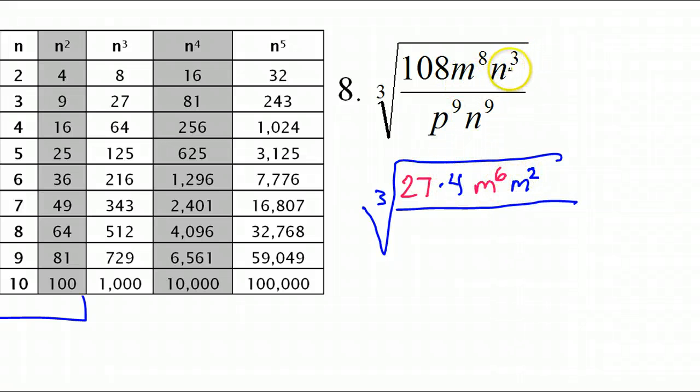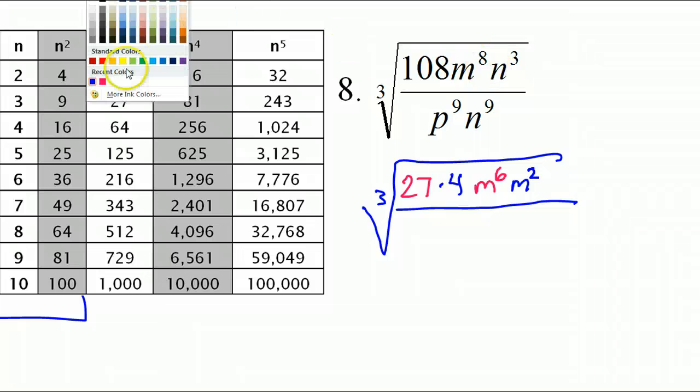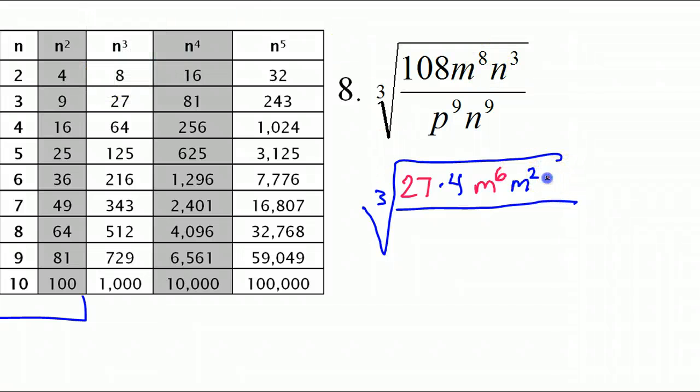n to the 3rd power. That is already divisible by 3, so I will just color it in pink, n to the third power. By the way, I highly recommend you copy me the way I use these colors. If you have a pencil and a pen, or colored pencils or whatever you have, you can have two different colors.